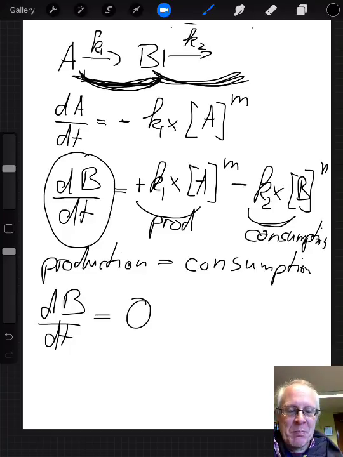What does that mean in plain English? How would you interpret that? What do you think?